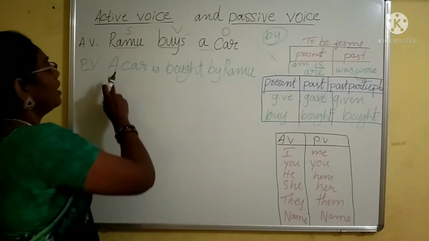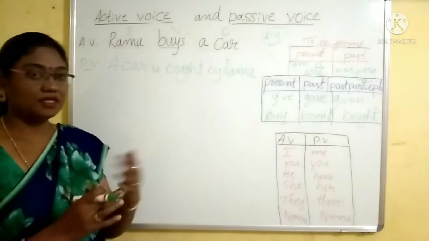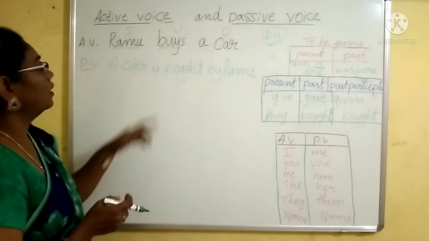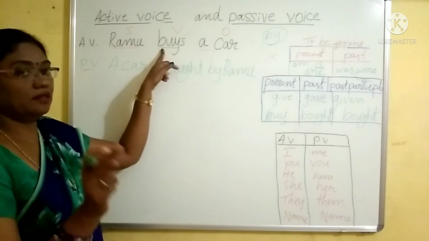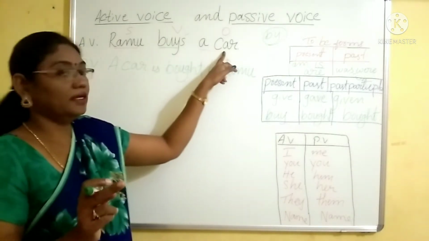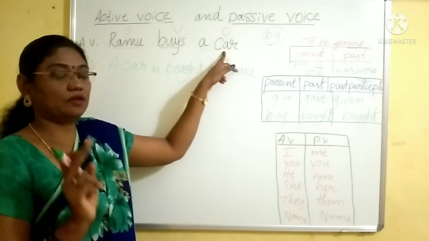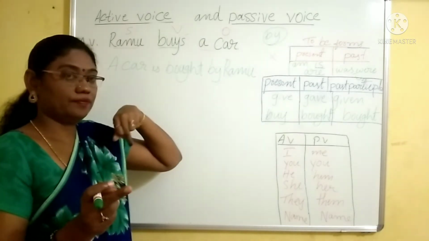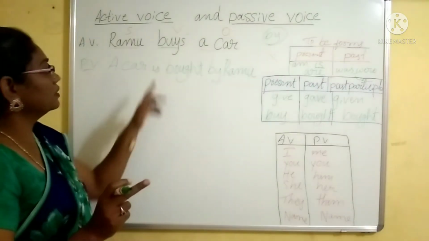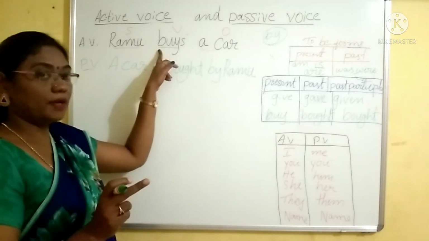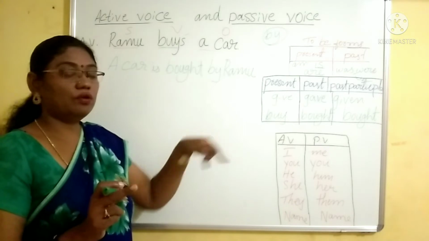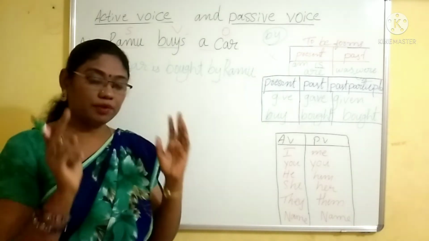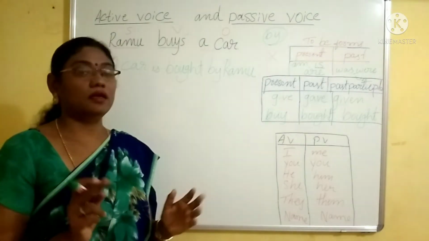And here, a car. As per the 3 steps, first is identifying whether the verb is present or past. Second, confirm whether the object is singular or plural. The next step is this verb will be changed into V3, I mean the past participle.